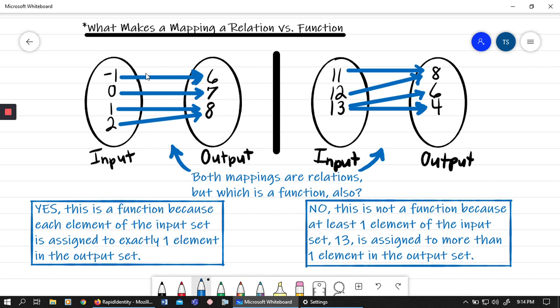So again, this set on the left is a function because each element of the input is assigned to exactly one element.